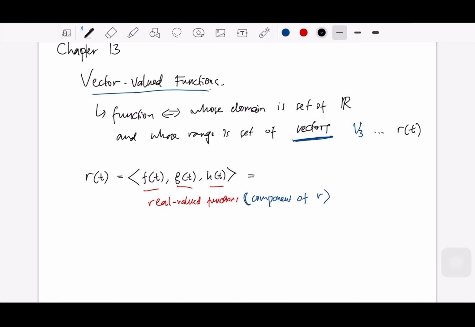We can rewrite this in terms of basis vectors i, j, and k.